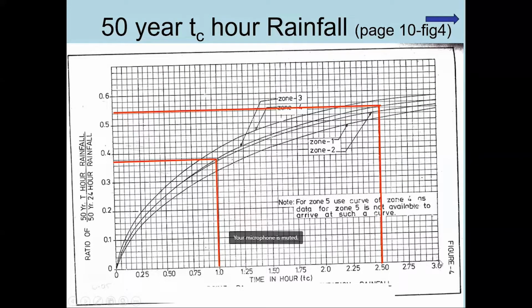So whatever is the ratio for 3 hours will be the ratio for 4 hours, and for 5 hours. So even if my TC is more than 3 hours, the ratio will remain as per the value, almost 0.58. So keep that value also in your diary. That will be used in the example.